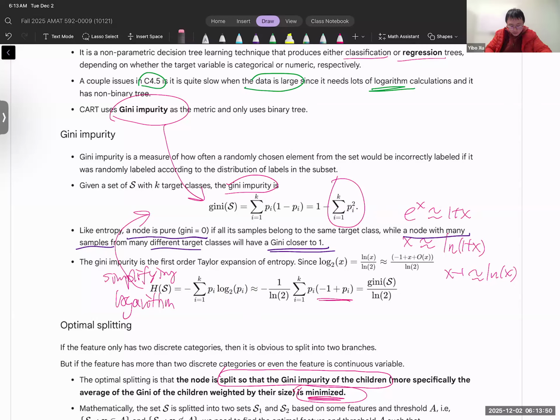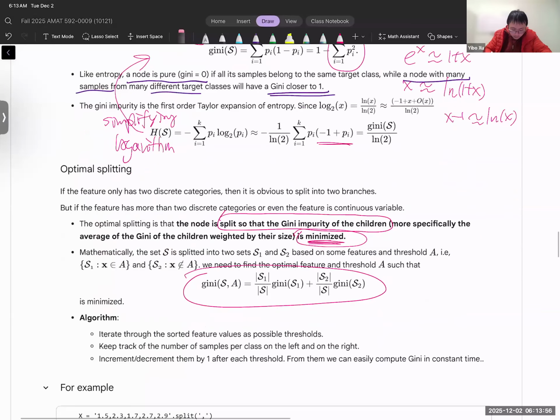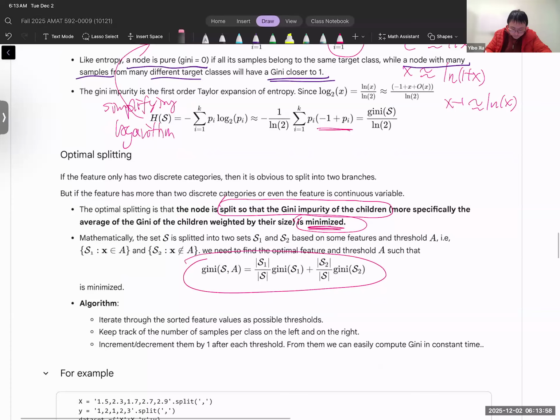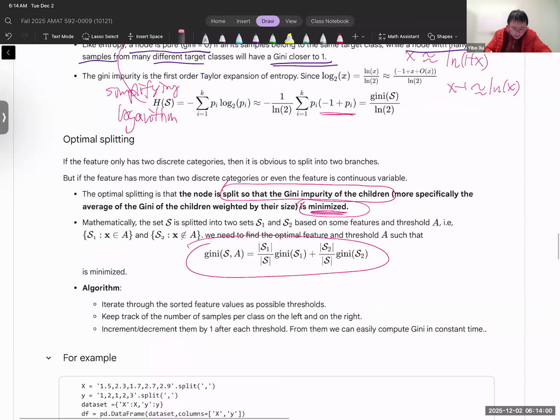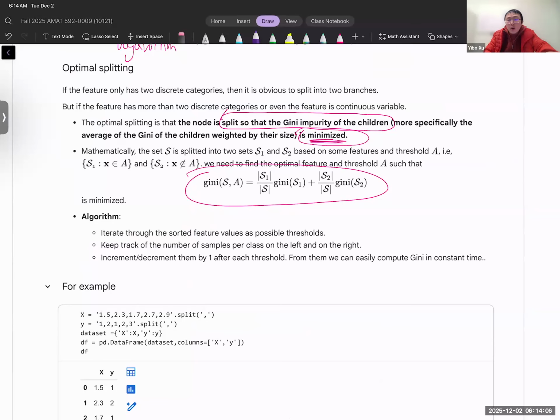All right. So basically, the algorithm is based on the Gini impurity. The idea here is that we want to do a splitting of the data. We're not going to branch upon different values of the target anymore.